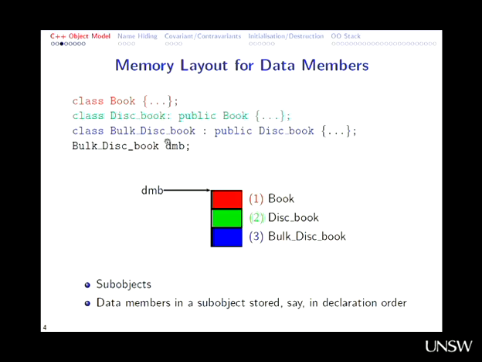I don't think it stands for dumb, but maybe it does. It's a bulk discounted book. In memory, the structure of this class will first of all have the book pieces, the discounted book pieces, and then the bulk discounted book pieces. Remember that's what it's going to look like. And like we said an hour ago, data members in a sub-object are stored most likely in declaration order. And we're going to make this assumption that these things are stored in declaration order.